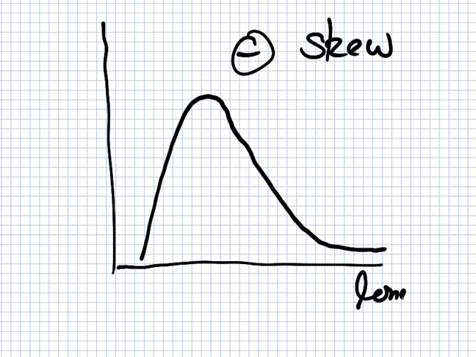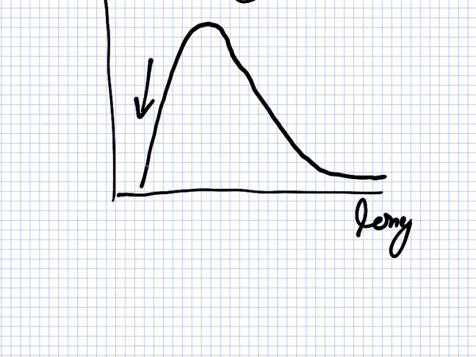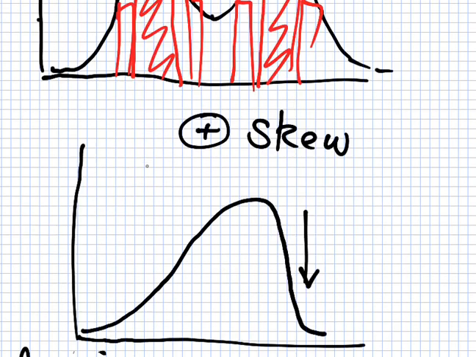No, long was on the opposite side. Long ones here, steep here. So if your histogram has this shape to it, we say it is negatively skewed. Oh, sorry, it's the same as this one, but turn it around.